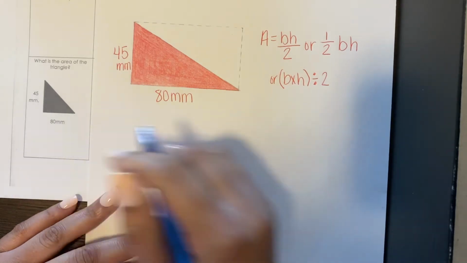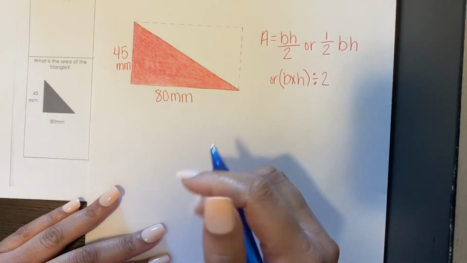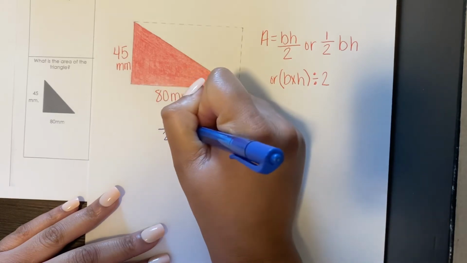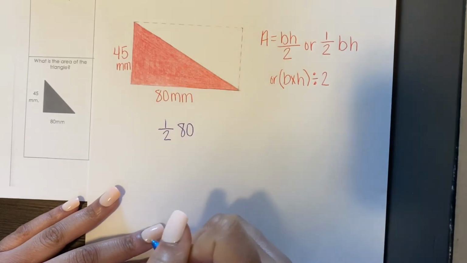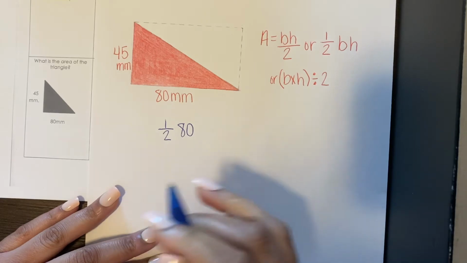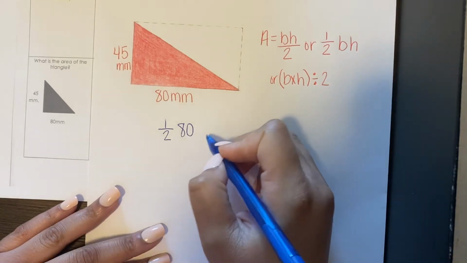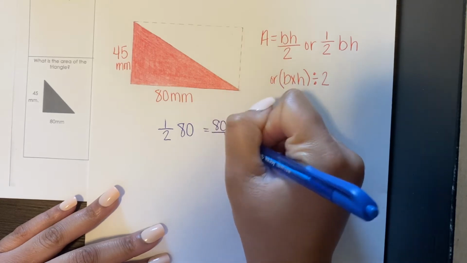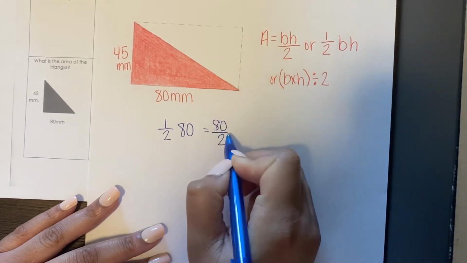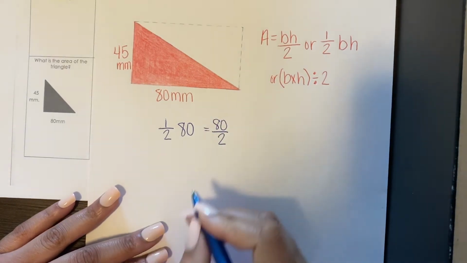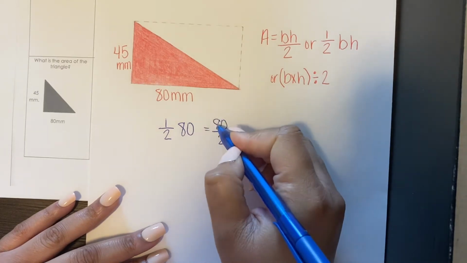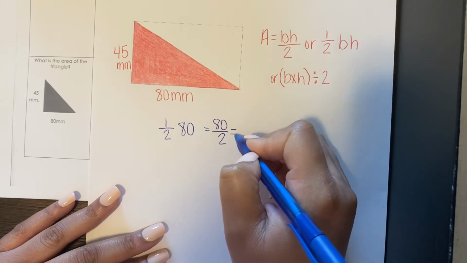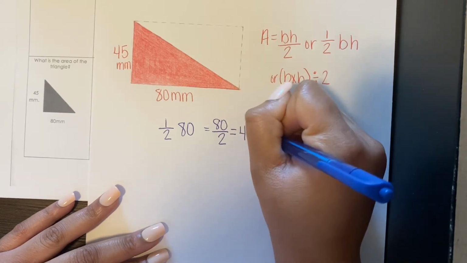The base is the bottom, that is where your shape sits. 1/2 of 80 means 1/2 times 80, or 80 divided by 2. We do know that the fraction bar is a division symbol. I know that 8 divided by 2 is 4, and I have a 0 here. So 80 divided by 2 is 40.